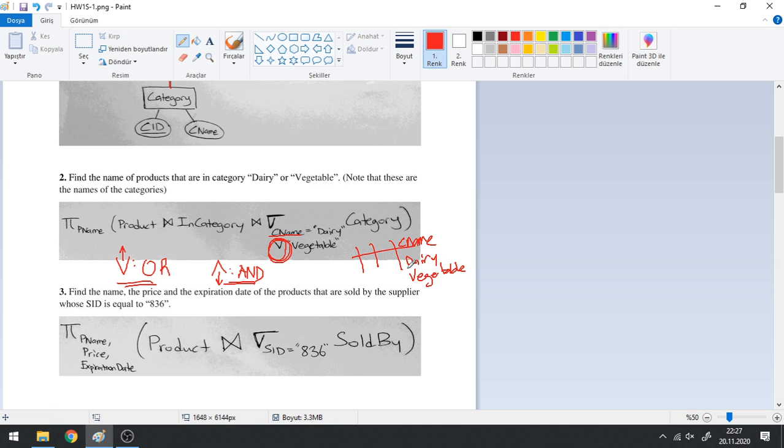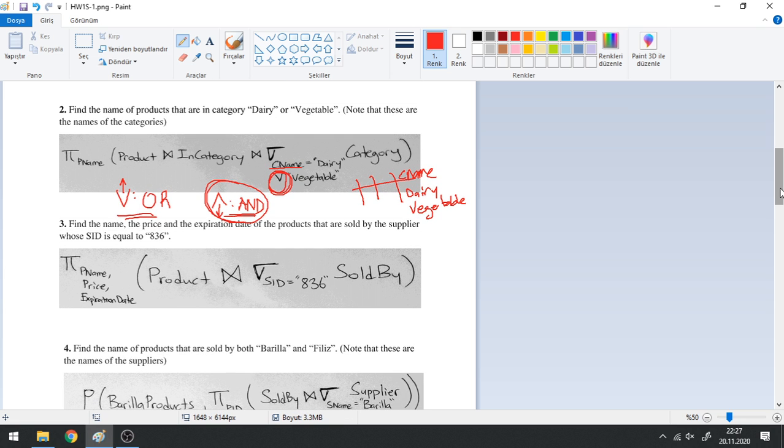So it should be either one of them, or it could be some other category name. But if you say and, this is going to return nothing, and it will be a mistake. So using this is a big mistake for this question. Therefore you did not get any grades, because that was some important aspect for this question.